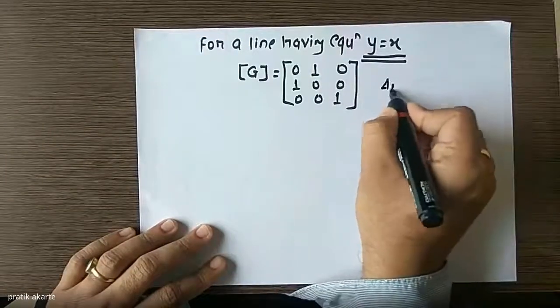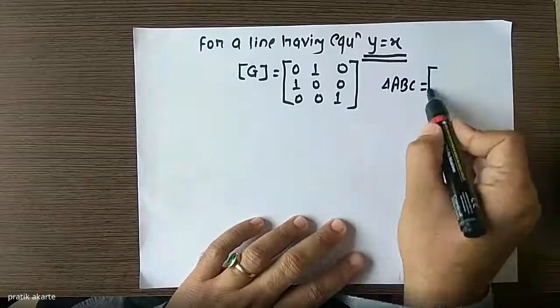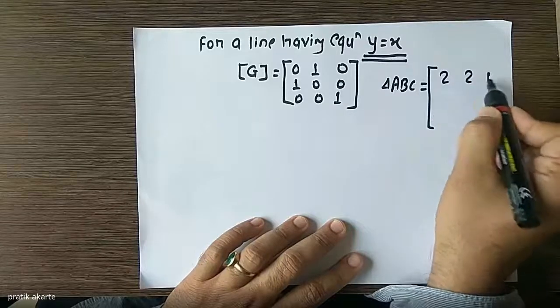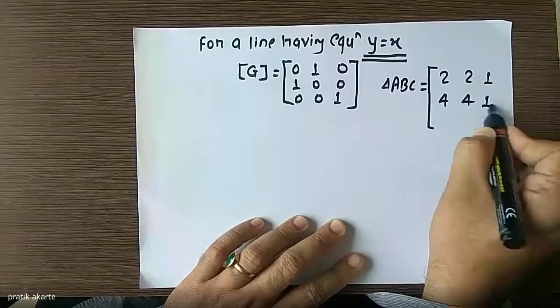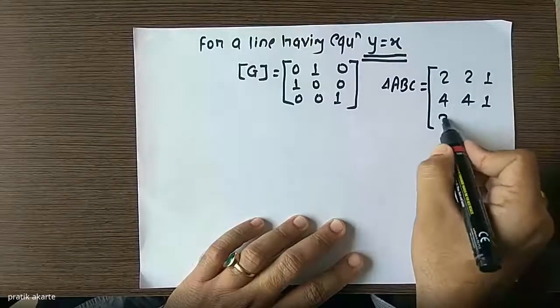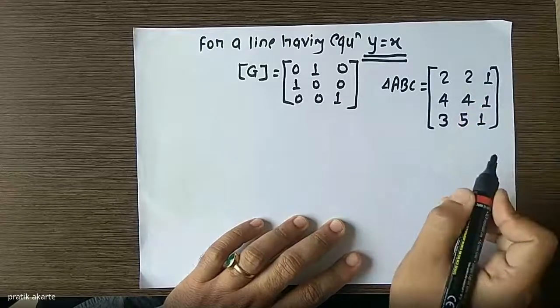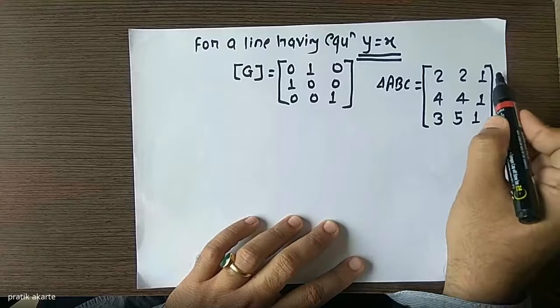We write the triangle ABC into matrix form. So it is 2, 2, 1, 4, 4, 1, and 3, 5, 1. So these are the vertices in matrix form.